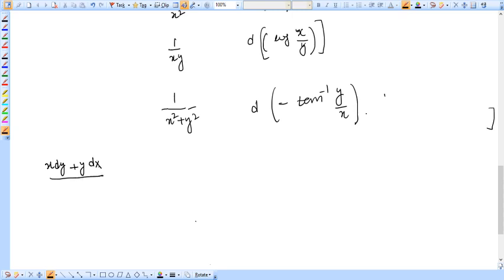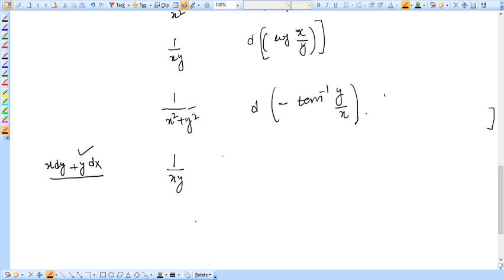We know this is an exact differential equation, but still we can find some functions of x and y such that when multiplied to this equation, it still remains an exact differential equation. It doesn't become non-exact, right?